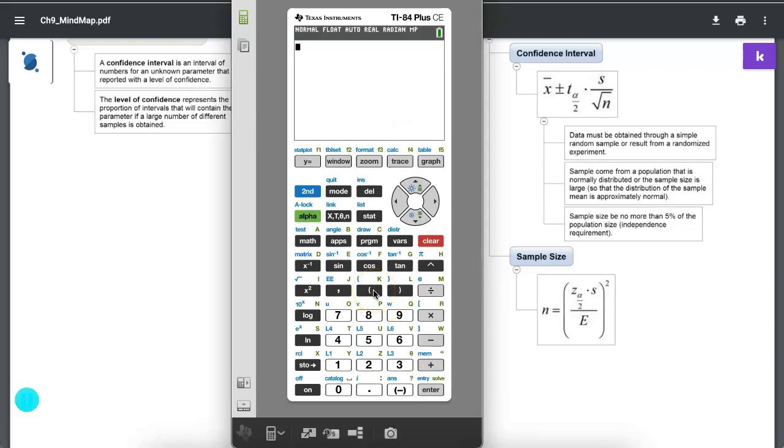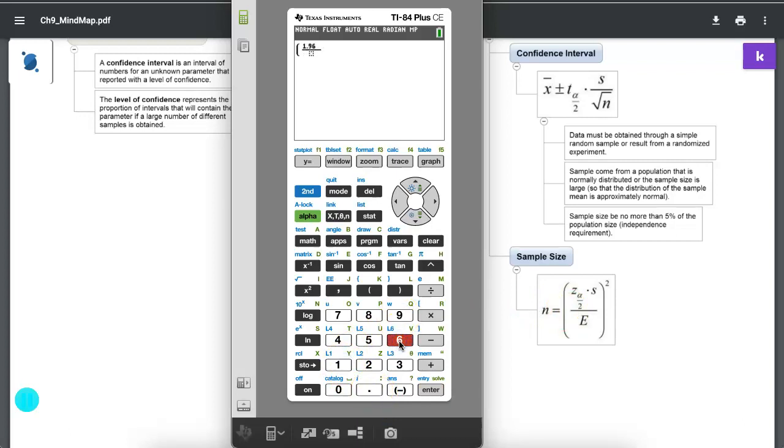Okay, so I've got my calculator. I'm going to go ahead and start with the open parentheses and the fraction. The first thing I see is I need this z value. That actually comes from a chart in the previous section. So I'm using the Z table or the critical values in that section 9.1, I believe it was. There was a table. You've seen it so many times, you probably have it memorized.